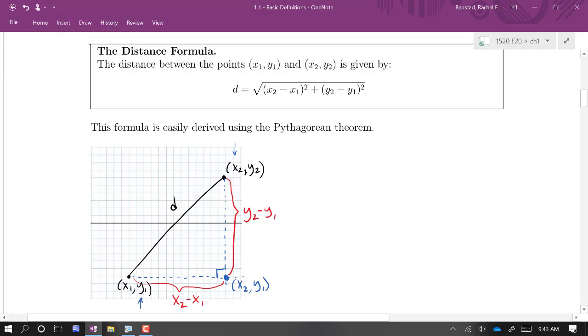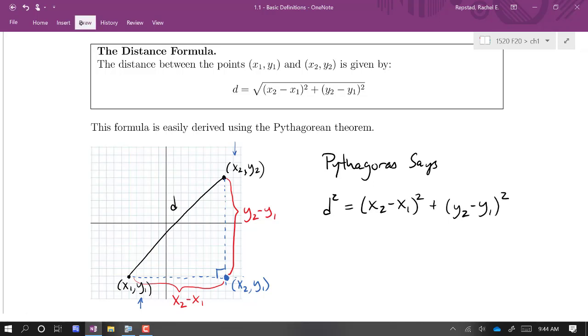Now, Pythagoras says that d squared is equal to (x2 minus x1) squared plus (y2 minus y1) squared. To solve for d, we take the square root on both sides.